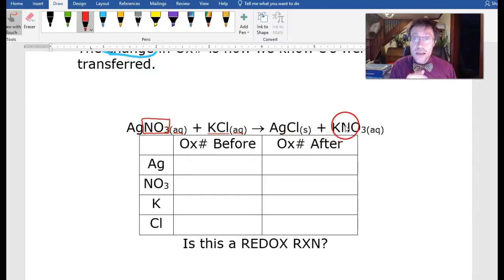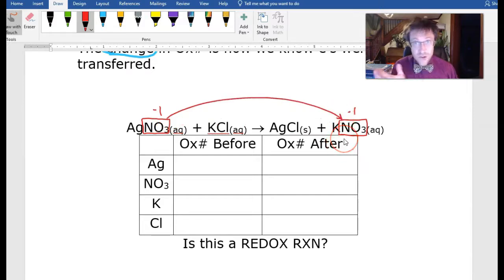On this side I have another NO3, with no other nitrogens or oxygens. This NO3, which is -1 according to the reference table, is still -1 over here. It's not changing, so definitely no oxidation number changes there. And this silver, with an NO3, must be +1.